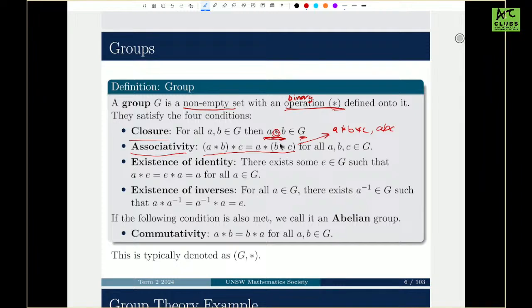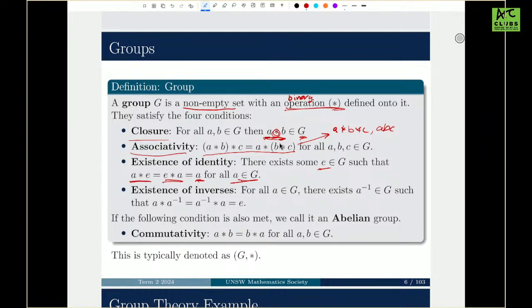Okay, existence of identity. There needs to be some element. In this course, we usually call it E. Sometimes this is called 1. But there has to exist some element such that the application of this element to any other element, either on the left or right, doesn't affect that element, for any element in our group.